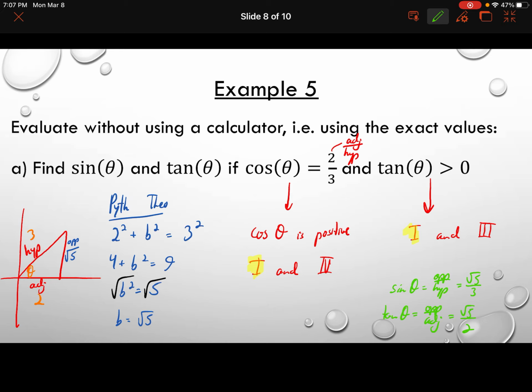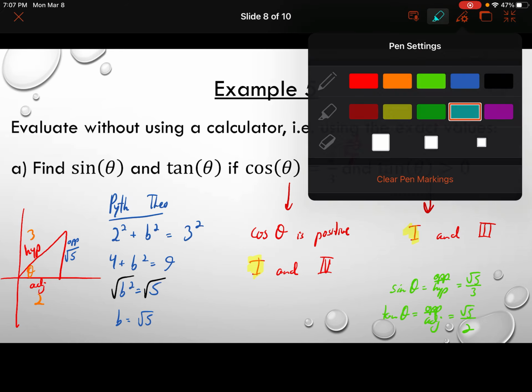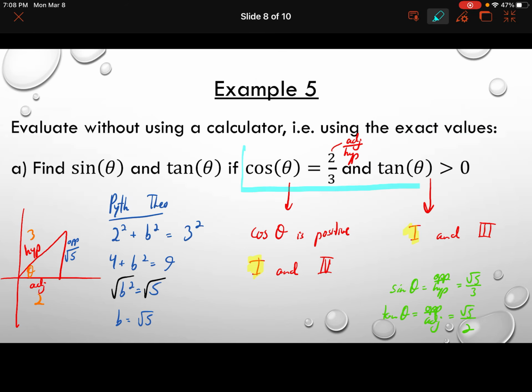So once again, this information right here is there to help you determine which quadrant you are in. Be wary of that, because remember, depending on which quadrant you're in, you can have negative values for your sides.